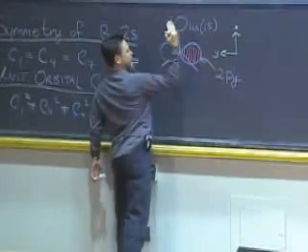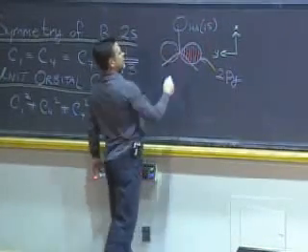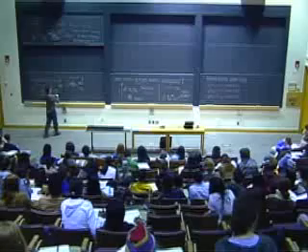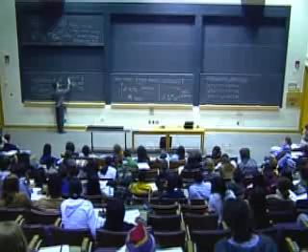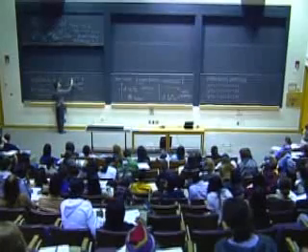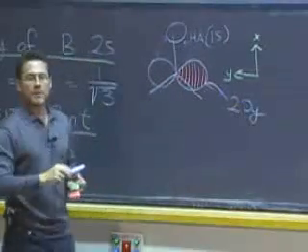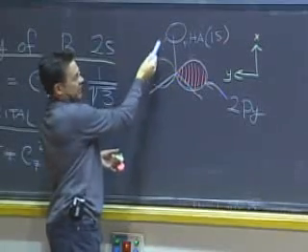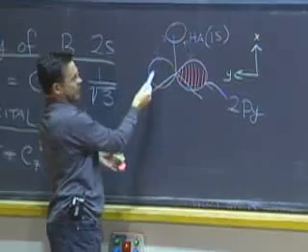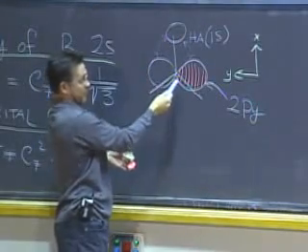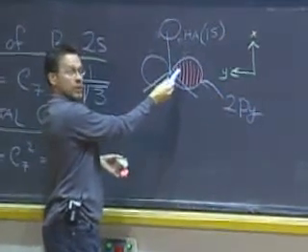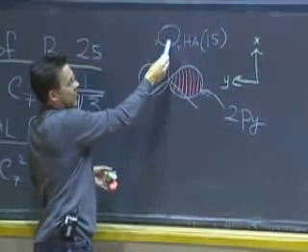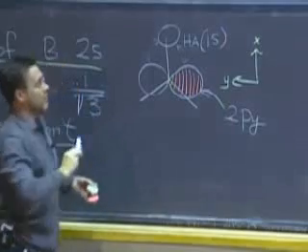And so what you see is that this HA is not only in the nodal plane of 2pz, it's also in the nodal plane of 2py. And that means that any positive interference by bonding between HA's 1s and the positive lobe of 2py would be exactly canceled by the equal and opposite negative interference between a hydrogen's 1s orbital and the negative phase lobe on 2py.